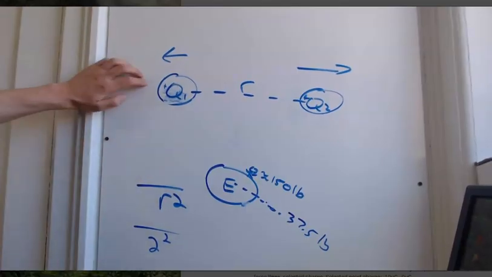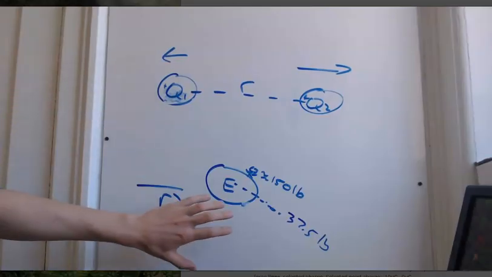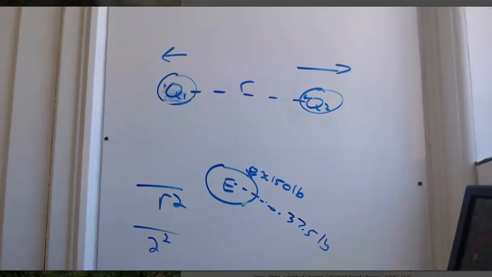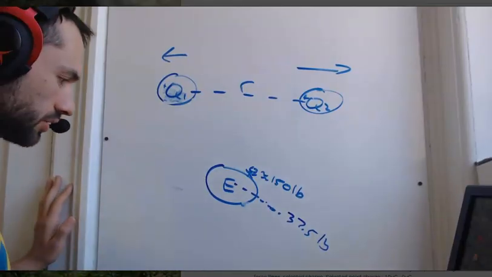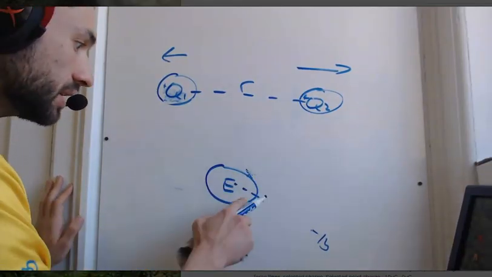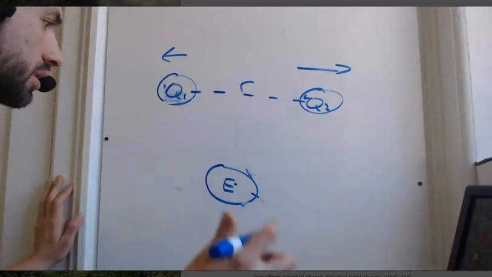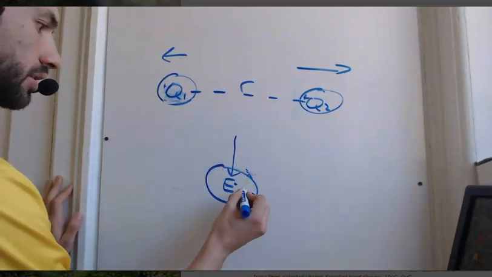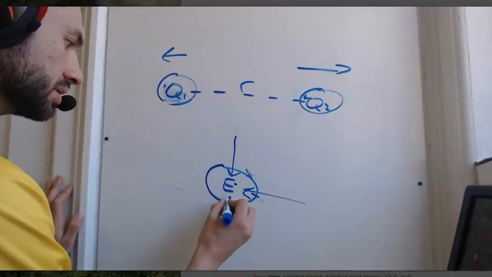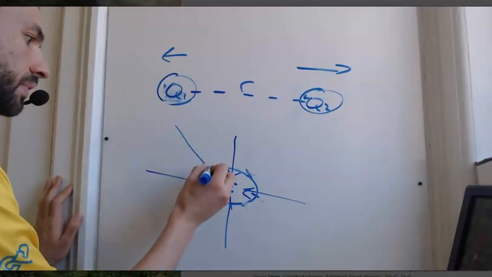The same thing is true with electrostatic forces. When I'm talking about the field surrounding the Earth due to gravity, that field points towards the Earth. Gravity points this way, this way, this way, this way.